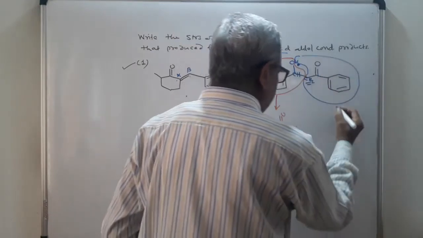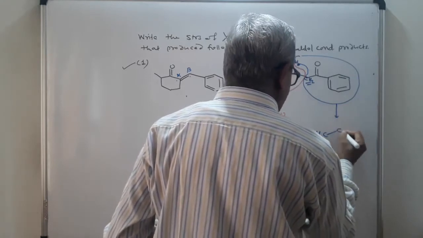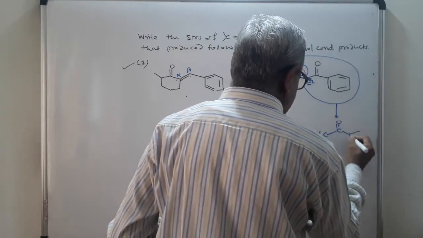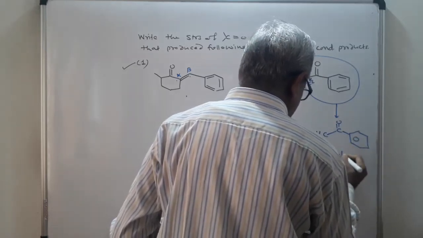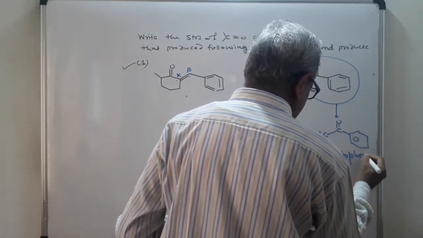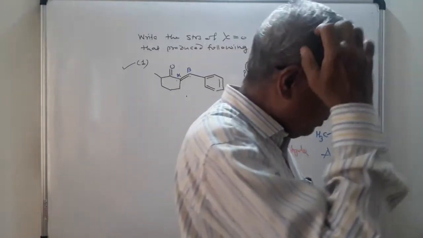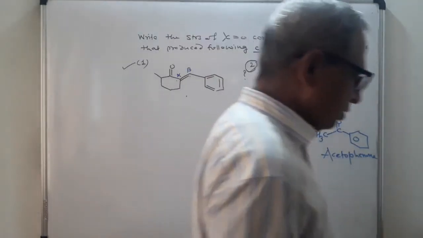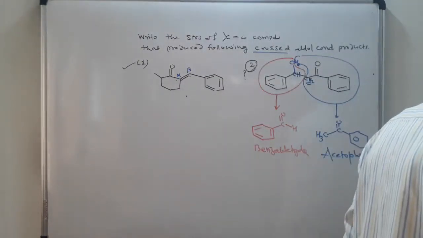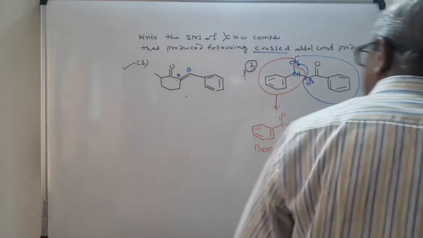CH2 will be converted to CH3. Then C double bond O, benzene ring. This is your acetophenone. So in this way you can determine the structure of the carbonyl compounds. In NEET and JEE, different pairs will be given. You have to determine the different pairs. So we completed the topic, that is aldol condensation.